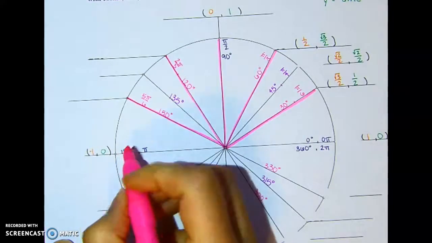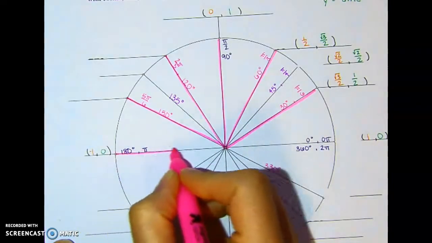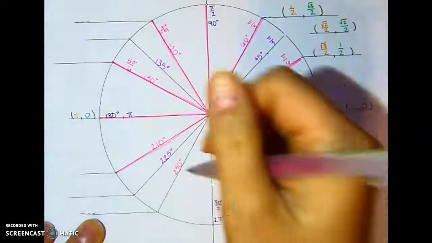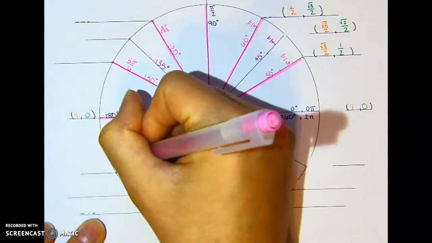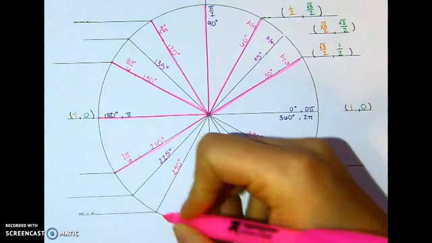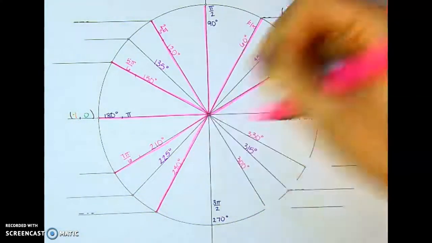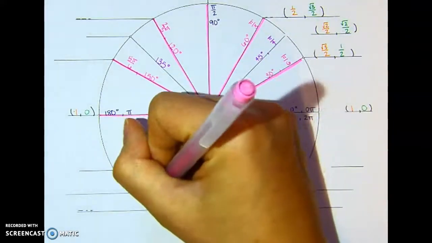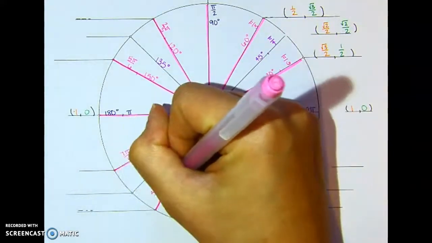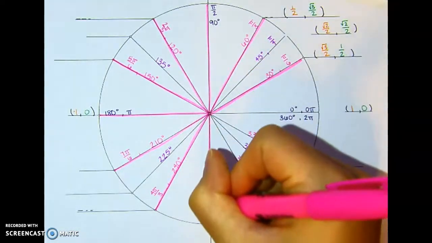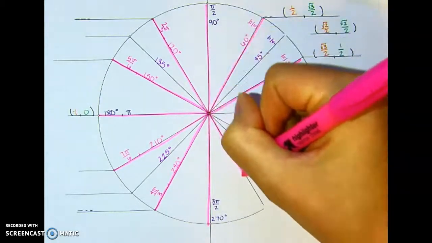Then we have 6/6, which is just pi. 7/6, or 7 pi over 6. 8/6, and 8 over 6 is going to reduce to 4 pi over 3. 9/6 is going to reduce to 3 pi over 2. 10/6 is going to reduce to 5 pi over 3.